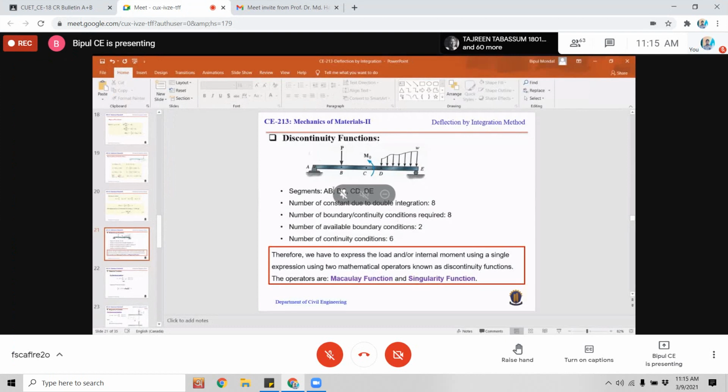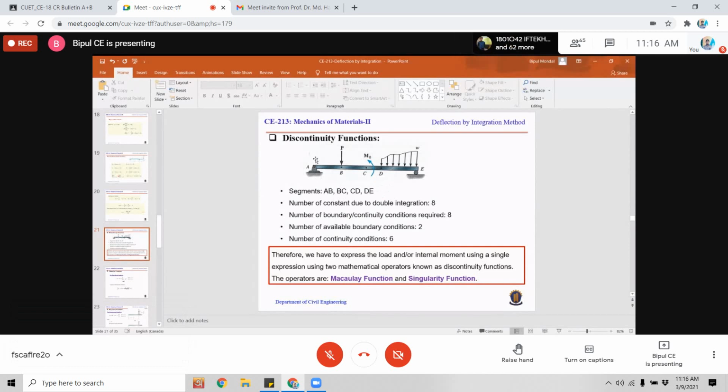So here, in this case, the boundary conditions will be when x is 0. If we measure x from this point, that means this point is the origin, then when x is 0, the deflection will be 0 here, because there is a support, so there will be no vertical deflection.